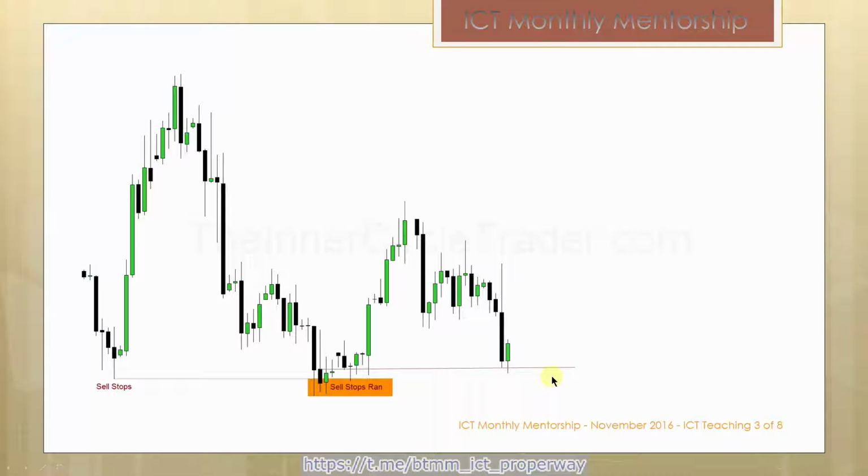Now, again, to identify institutional sponsorship in a particular segment of price action, you need to see immediate dynamic response. If it's lethargic, if it's not willing to move right away, that means there are no institutional orders in that area.